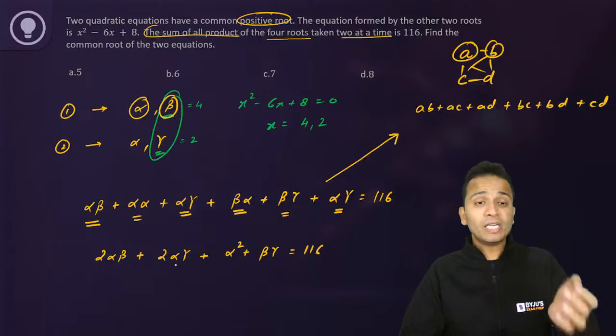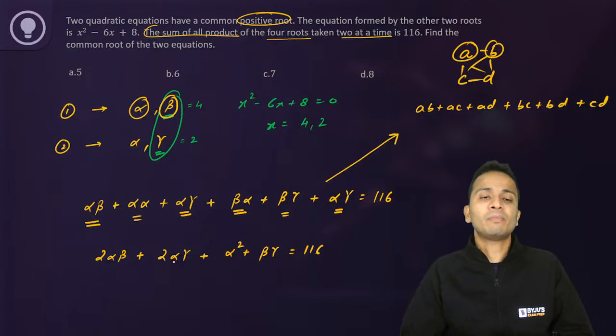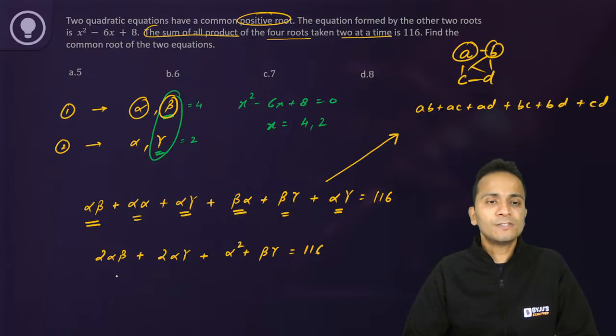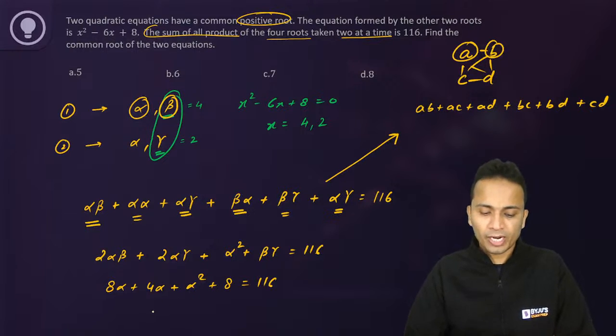Okay, so just quickly put the values of alpha and beta separately. So if beta is 4, so this is 8 alpha plus gamma is 2, 4 alpha plus alpha square plus 8 is equal to 116 and you will get a quadratic.